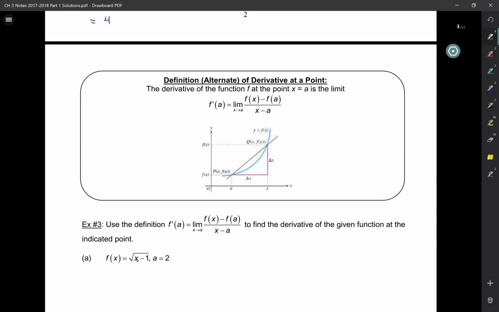All right. Okay, just a reminder, another way to look at the exact same thing, to find the derivative of f at the point a, okay?